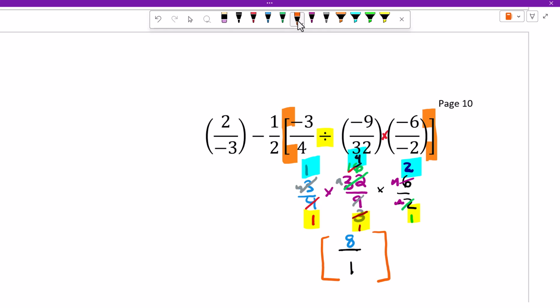And we look outside and we need to pick the next operation to do. What's the next operation we do? We have a subtraction in between these 2 numbers, and what's between this 1/2 and the square brackets? Multiplication.